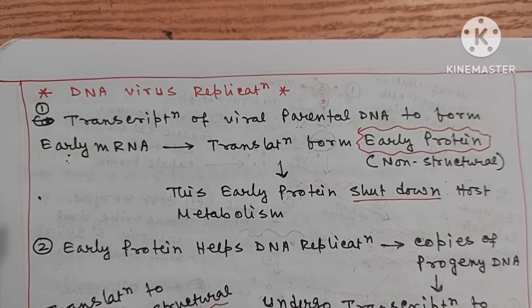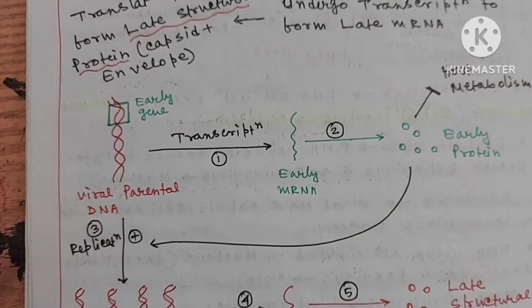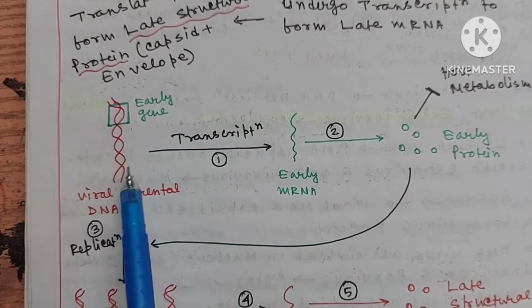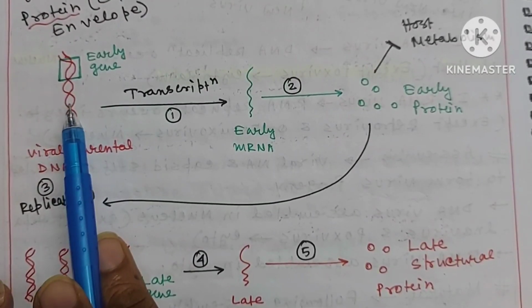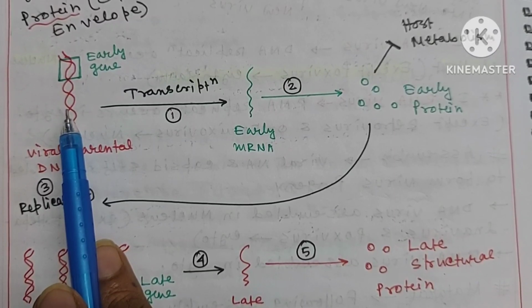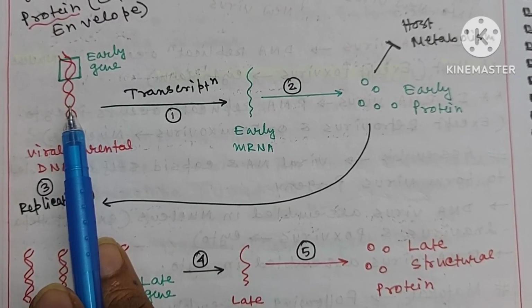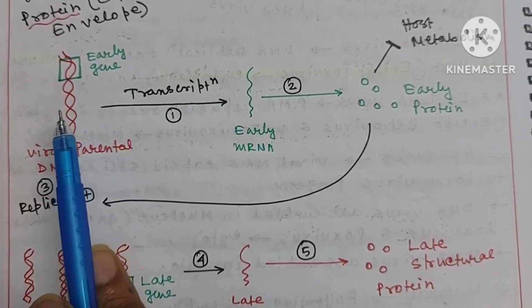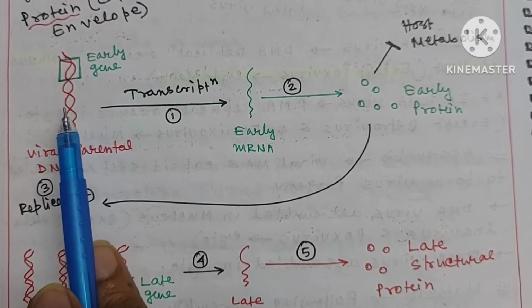First we will see how DNA viruses replicate, where the DNA is double stranded. The viral parental DNA enters the host cell, the capsid breaks inside the host cell using host cell enzymes, and this DNA is released inside the host cell.